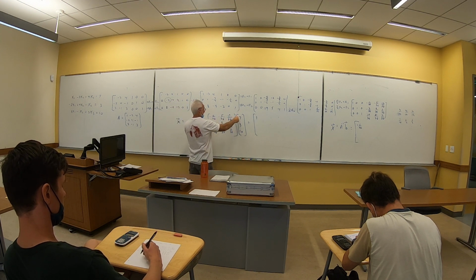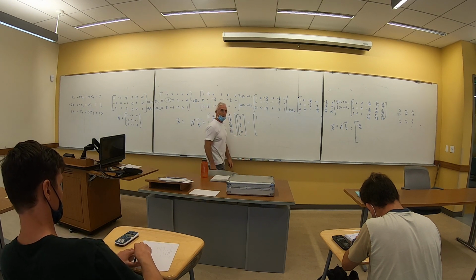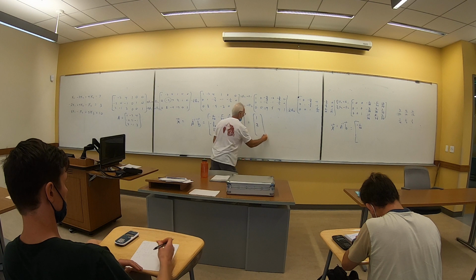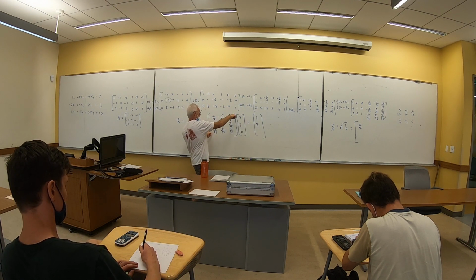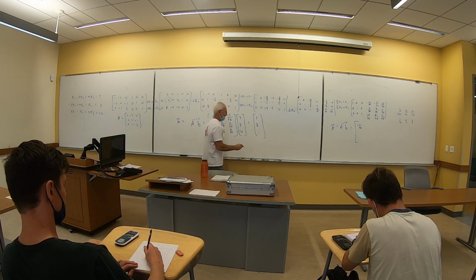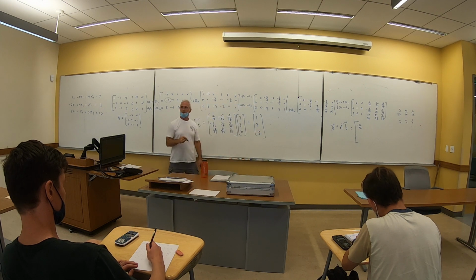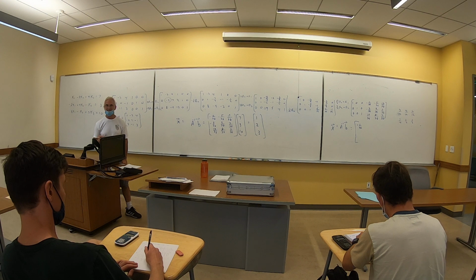Negative 21 plus 27, that's 6, plus 70, that's 76, over 38. I'm sorry, 70 plus 24, that's 94, plus 20, that's 114, over 38. You were expecting something ugly, weren't you? Happy solutions usually still come from ugly inverses.